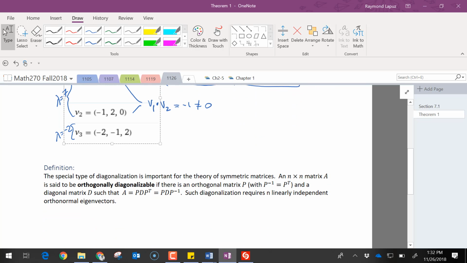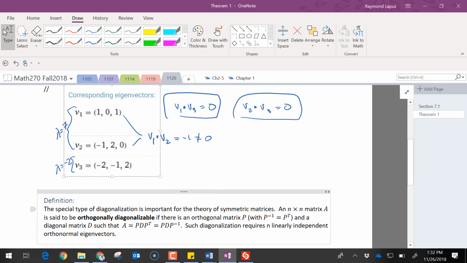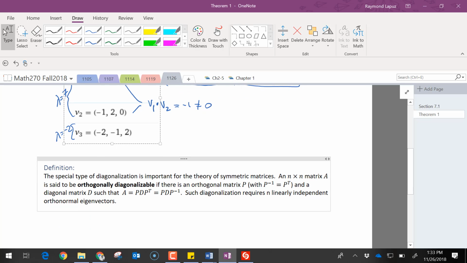That's a good question. Let's soak in Alan's question and see if we can understand. So we have v1 and v3, v2 and v3 orthogonal, but unfortunately v1 and v2 are not orthogonal. And this definition says that if we have three orthonormal vectors, but right now they're clearly not unit length, so they're not normal vectors yet.